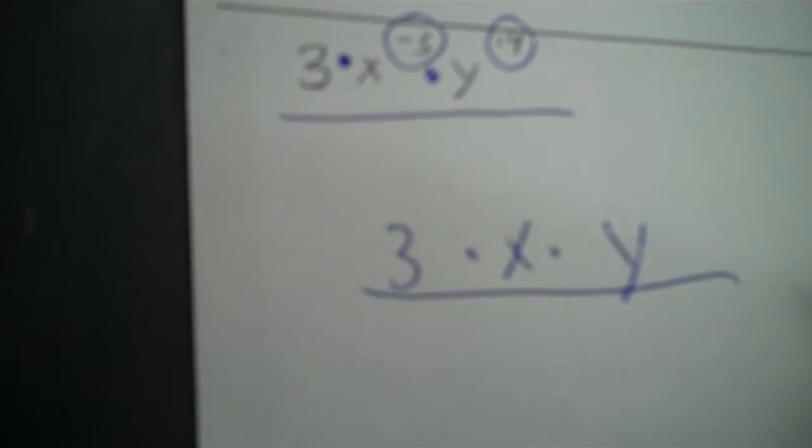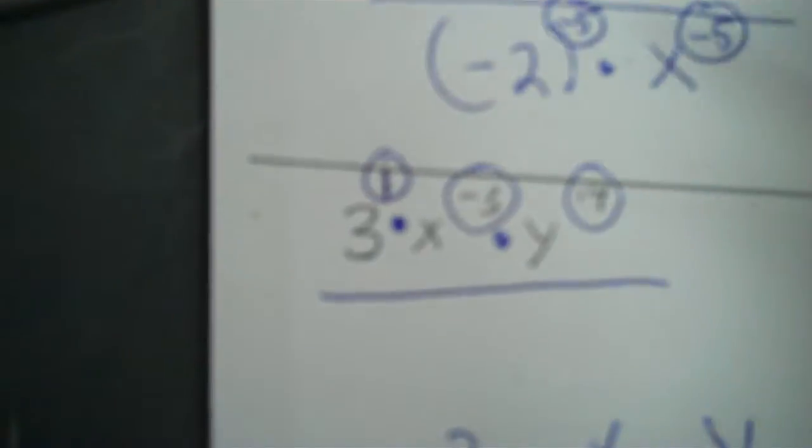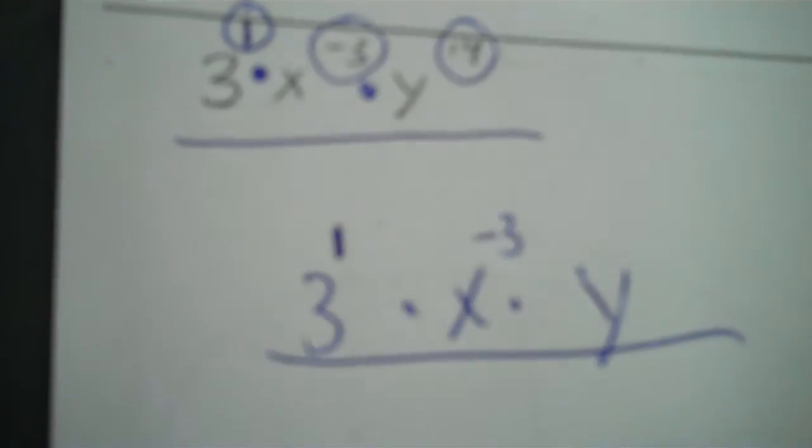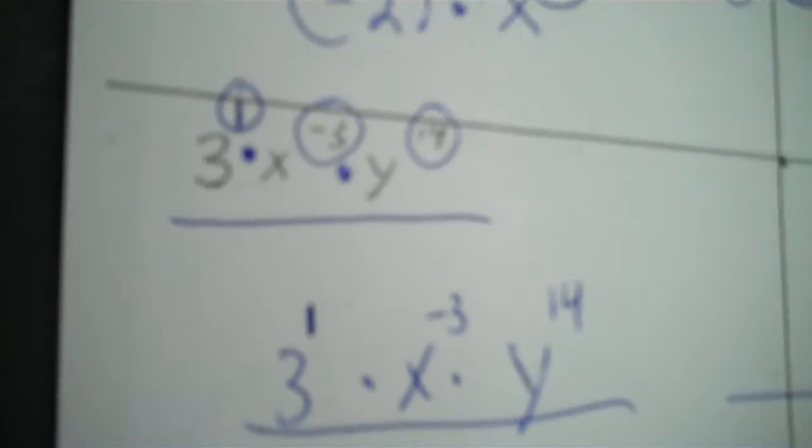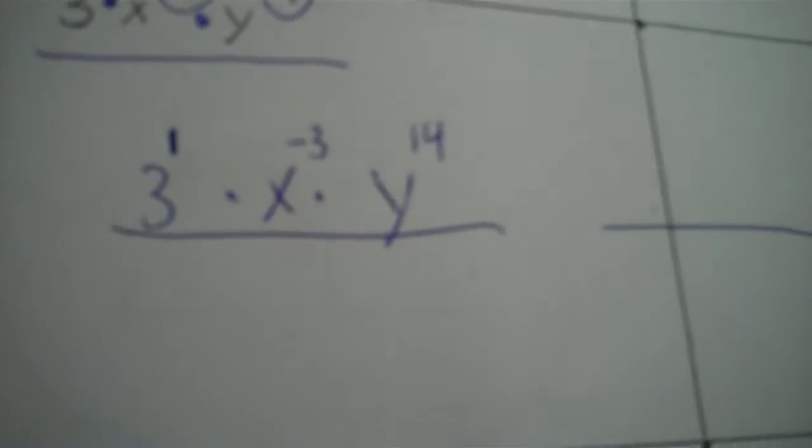There are no factors on bottom, at least for now. Okay, so 3 to the 1st. Now, it doesn't get distributed because it's not in parentheses. x to the negative third. Doesn't get distributed because it's not in the parentheses. 14 doesn't get distributed, okay? And bottom's empty. I don't have to do anything on bottom.